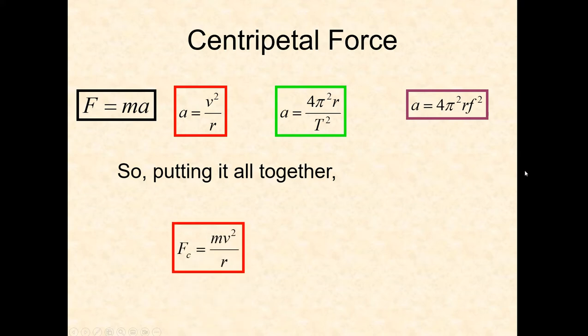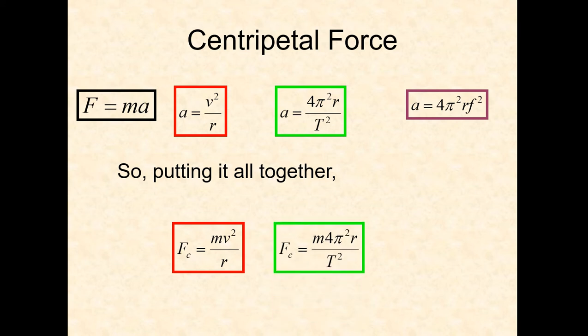So we end up with Fc, c standing for centripetal. Centripetal force would be equal to mv²/r, or m4π²r/T², or m4π²rf².